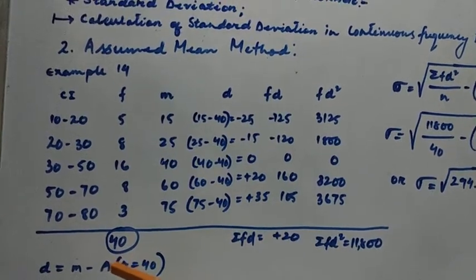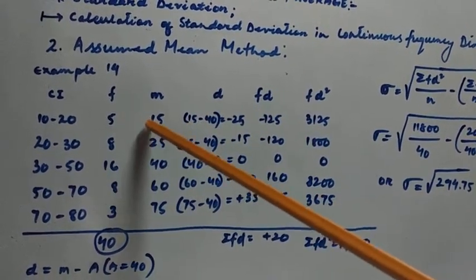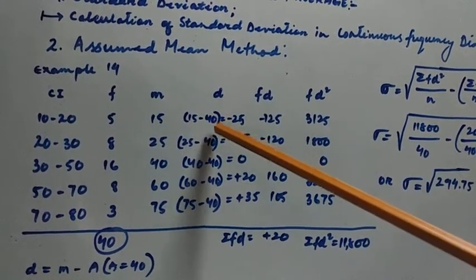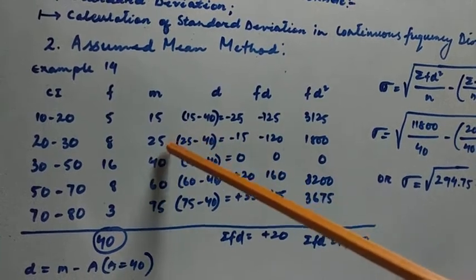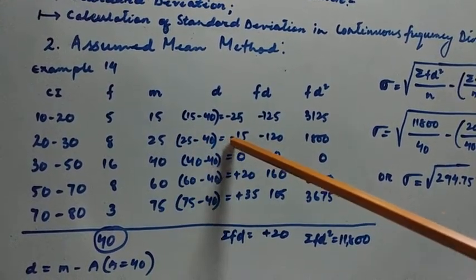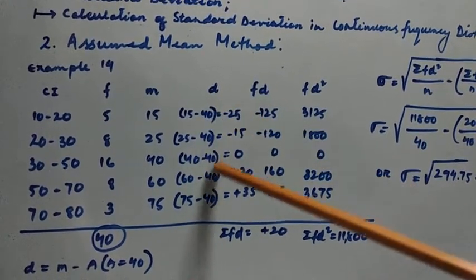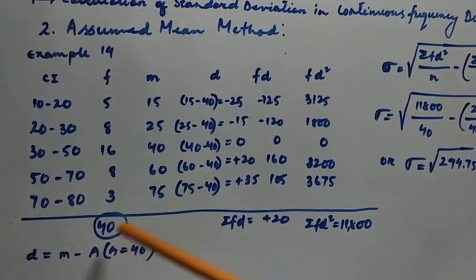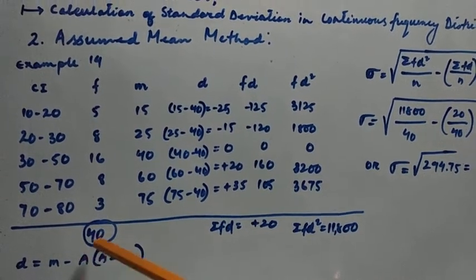So we find the value of D. For 15, M minus A is 15 minus 40, which is minus 25. For 25, 25 minus 40 is minus 15. 25 is M, 40 is A. So we found the value of D by taking the difference of M minus the assumed mean, that is 40.